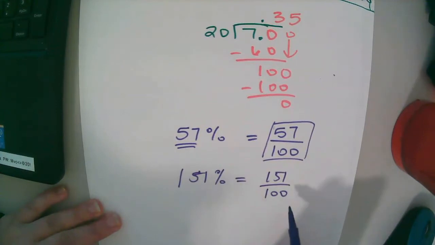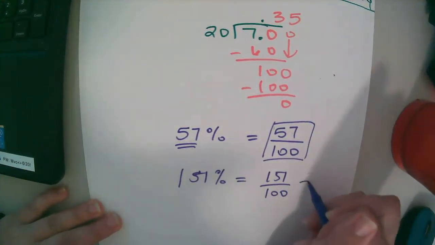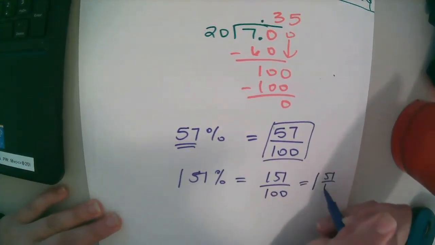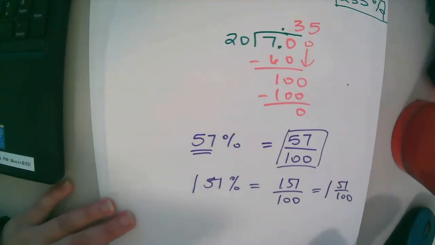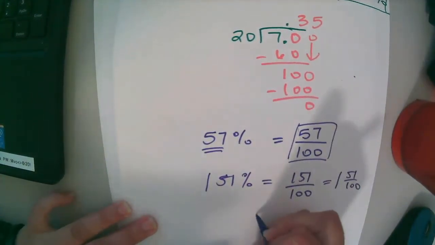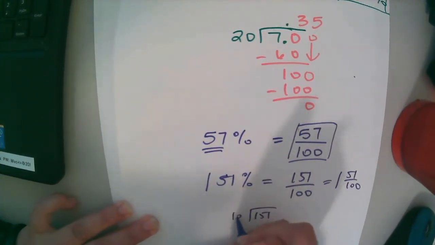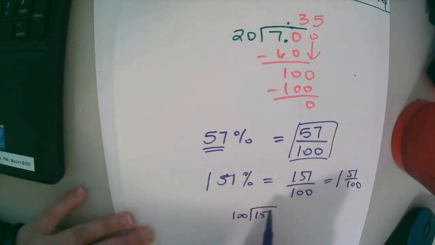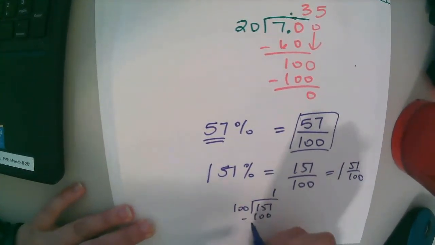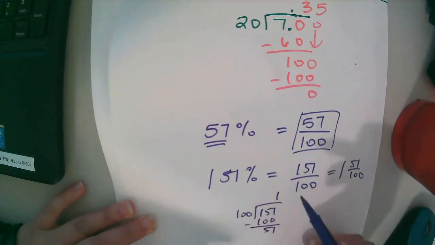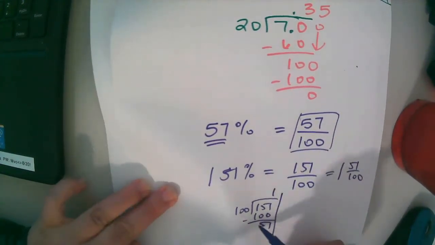Okay, then this becomes an improper fraction, so it's just a basic improper fraction. I can divide it out just to show you. So 100 goes into 151 one time. 51 left over.